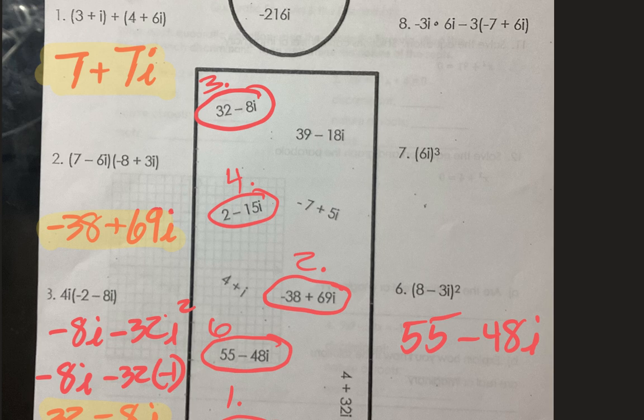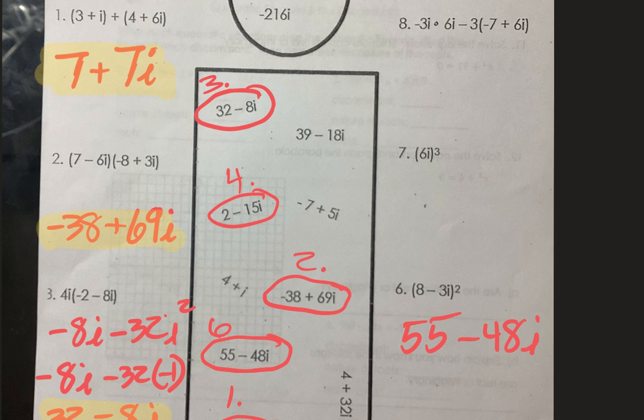Now, how can we do this? Do I have enough space? All right, 6i to the third power. I'm not going to have enough space. So let's go back to 55 minus 48i. Okay, very good.